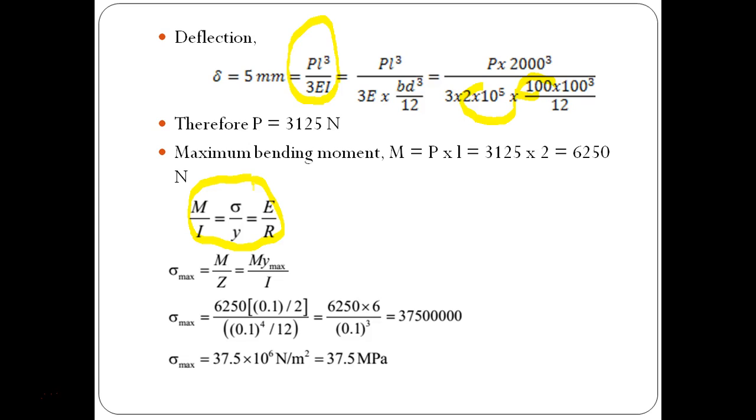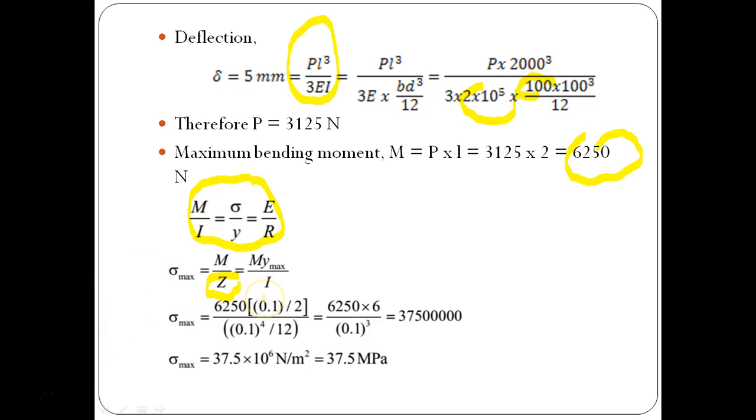So if we calculate sigma max with the formula, that is M by Z, so we will get I by y. If we replace this Z by I by y, it will be equal to M, the moment, which is already known to us, we have calculated, that is 6250 Newton meter.